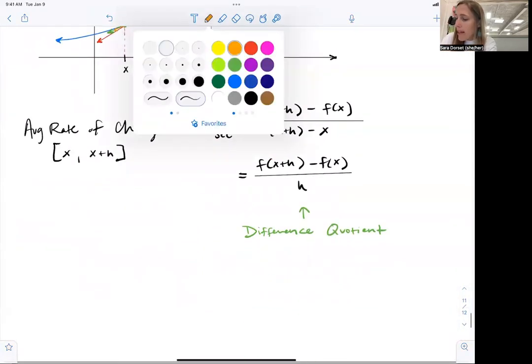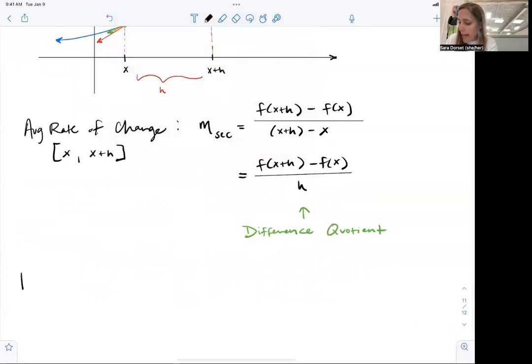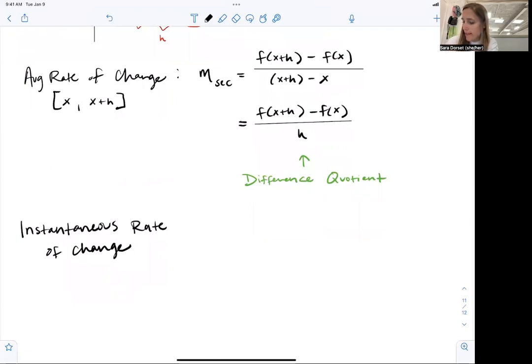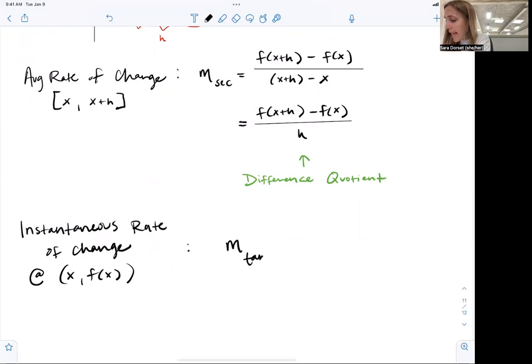So basically, we can come up with our formula for calculating instantaneous rate of change, which is the rate of change at a point, by thinking about taking the limit of that difference quotient, right? Finding the slope of the tangent line.